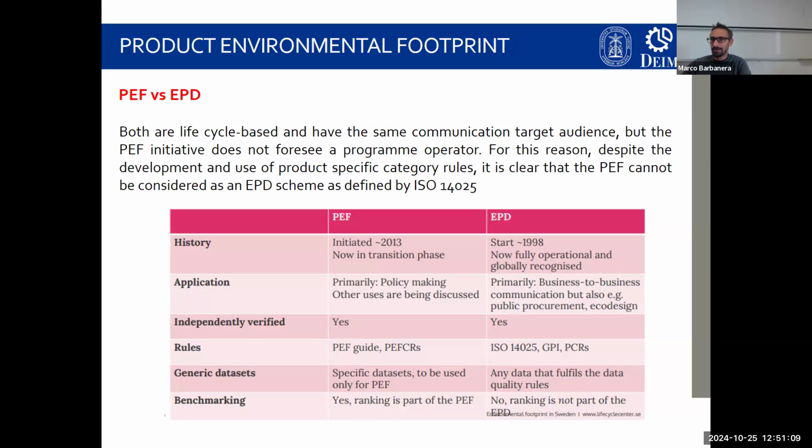For example, you can have several different processes to model the production of 1 kilogram of steel by using different technologies.